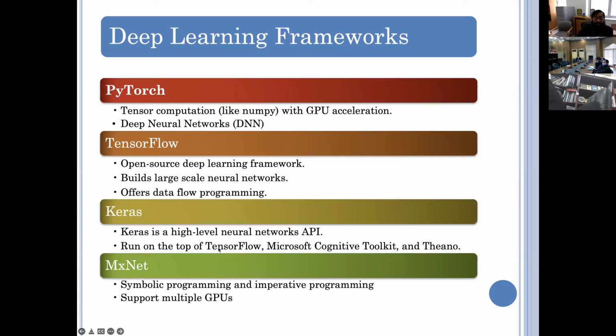You can use TensorFlow, Microsoft Cognitive Toolkit or Theano, whatever you like. There is another one, MXNet, which is also supported by NVIDIA and GPU. If you have an NVIDIA GPU, you can use MXNet. MXNet supports both symbolic programming and imperative programming.